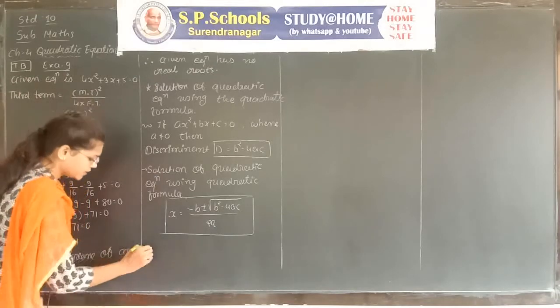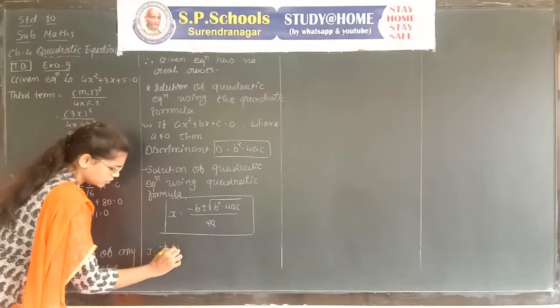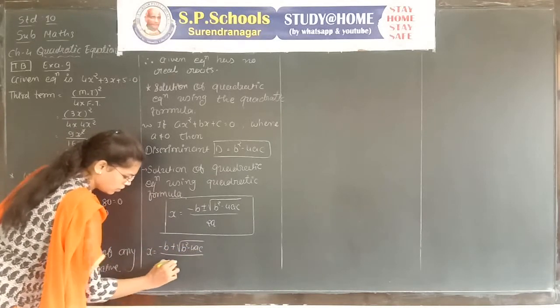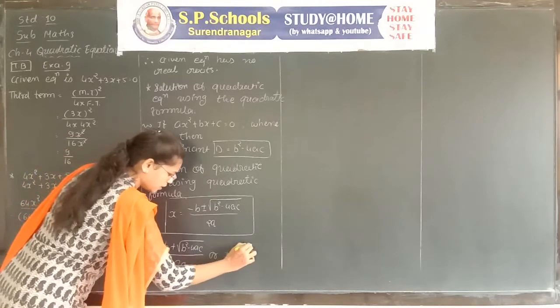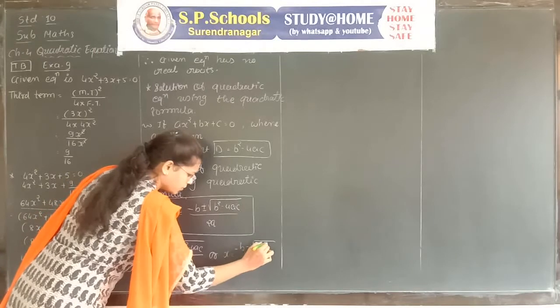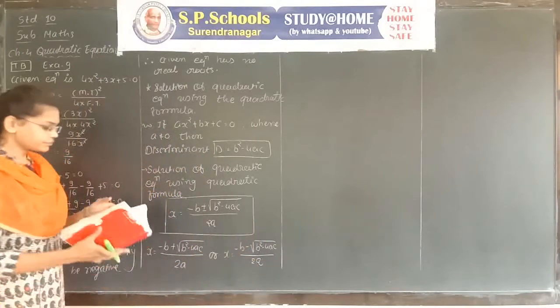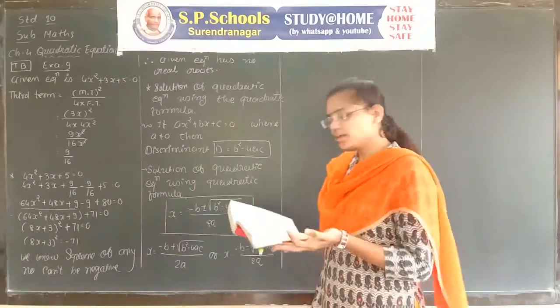If we split the plus or minus, we get x = (−b + √(b² − 4ac)) / 2a, or x = (−b − √(b² − 4ac)) / 2a. Both solutions are here.